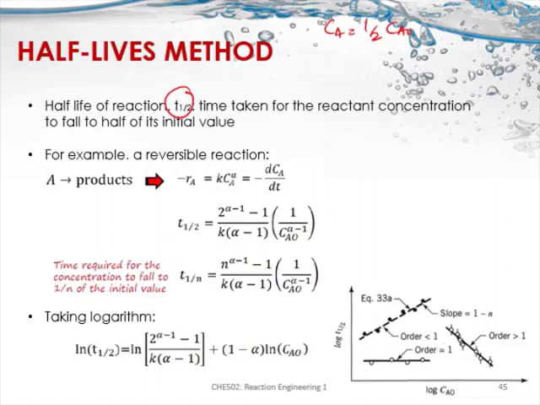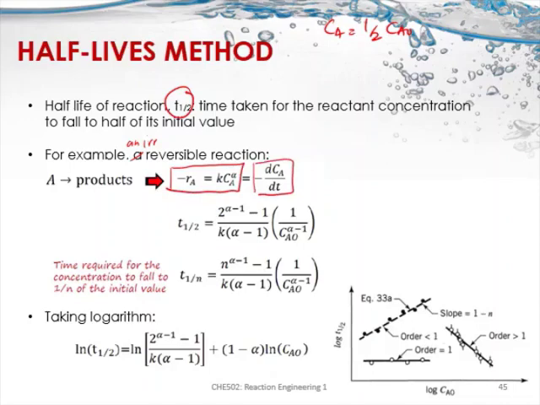For example, an irreversible reaction A. So having negative Ra equal to k Ca to the alpha, which is equal to negative dCa over dt.